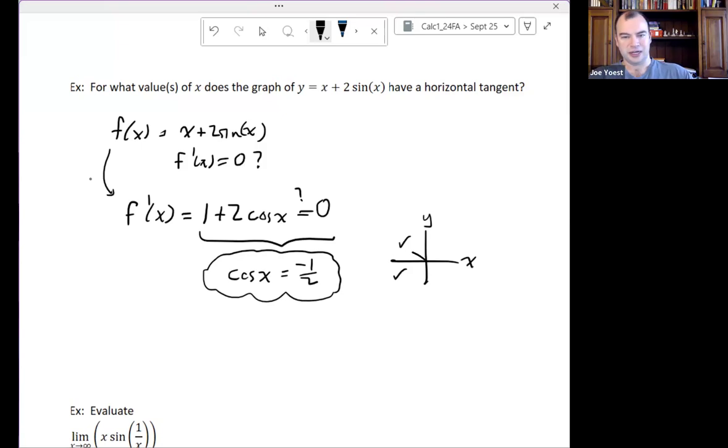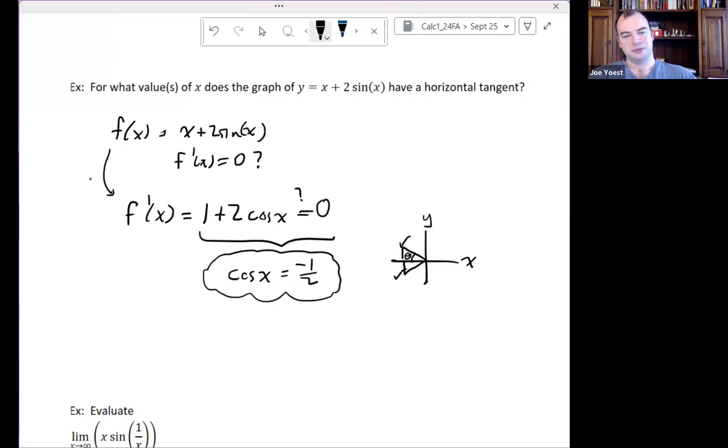Well, I find what I think they call a principal angle usually. I find this value of theta here, and then I subtract it from pi and add it to pi to get my two solutions. And then I add 2 pi k to both of those to get my translationally symmetric solutions.